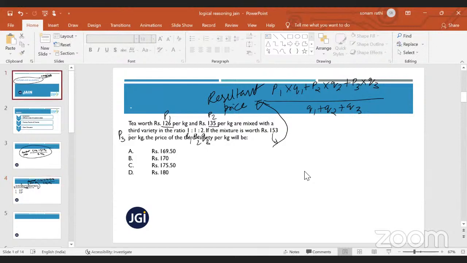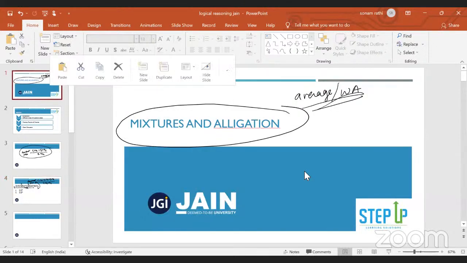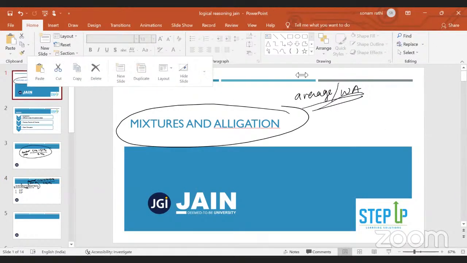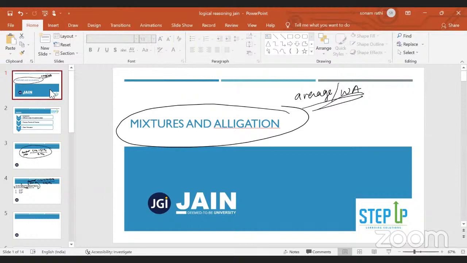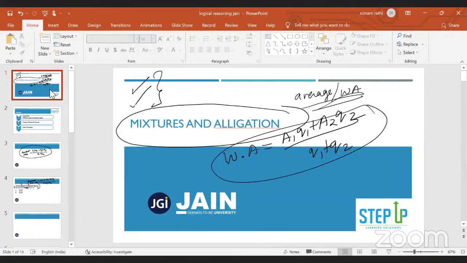I told you yesterday that the weighted average formula was A1 Q1 plus A2 Q2 divided by Q1 plus Q2. If two averages are given to you, you can combine them by using this.